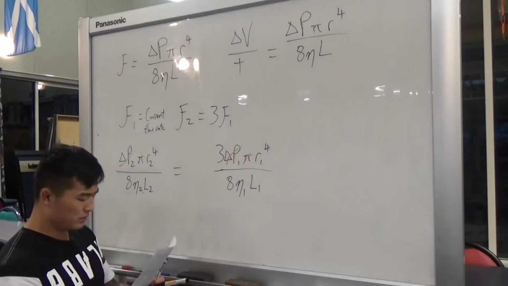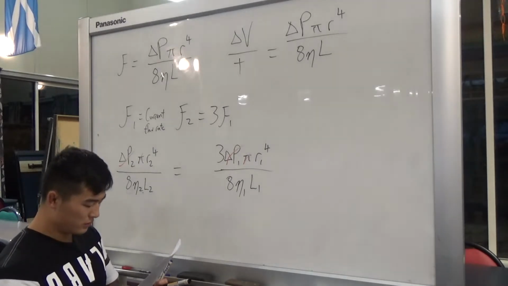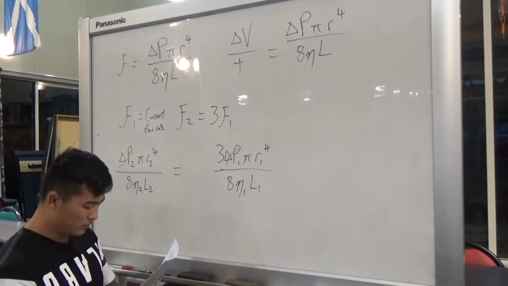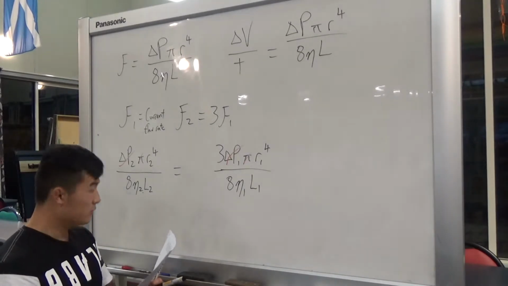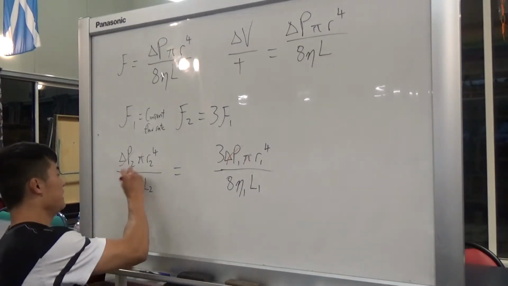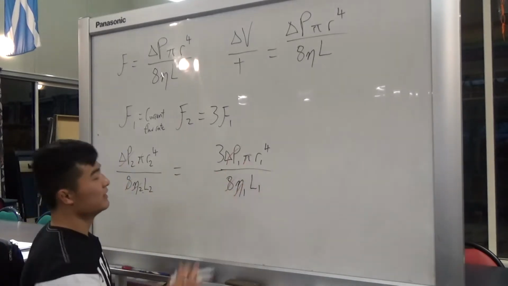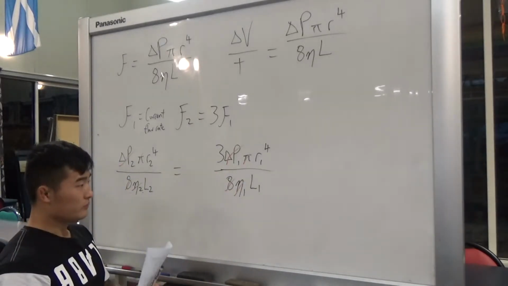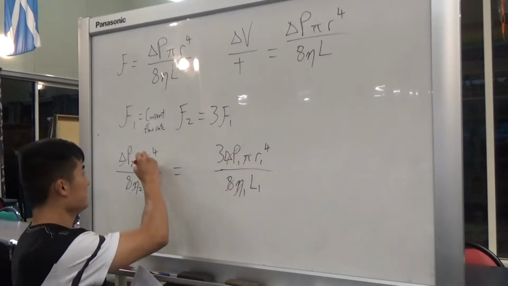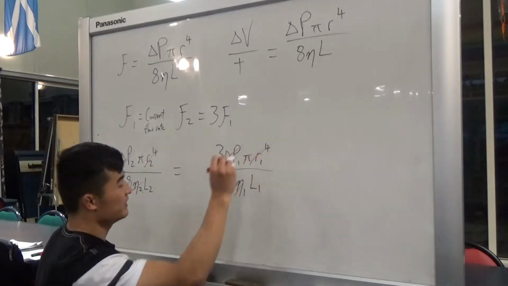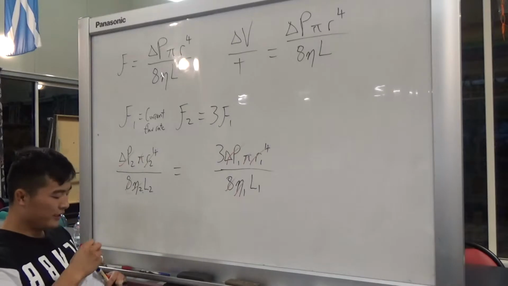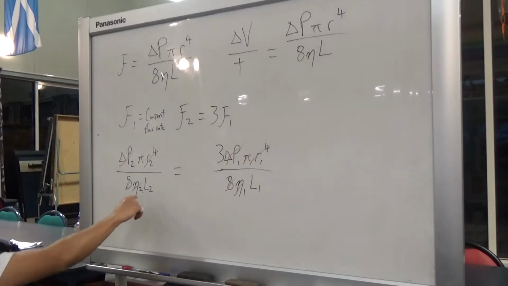And the 8's the same on both sides. Viscosity is the same because it's the same liquid. And then radius is the same because it hasn't changed. So the only thing that you're left with on this side is the L2.